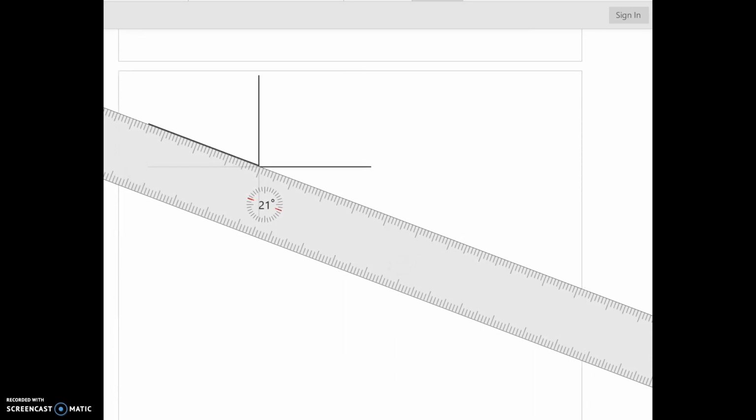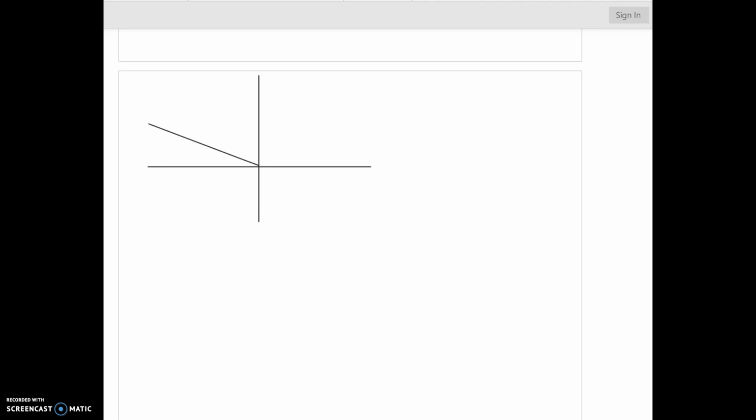So if I look at my angle theta equal to 150 degrees, my reference angle alpha will be equal to 180 minus 150, which is 30 degrees.